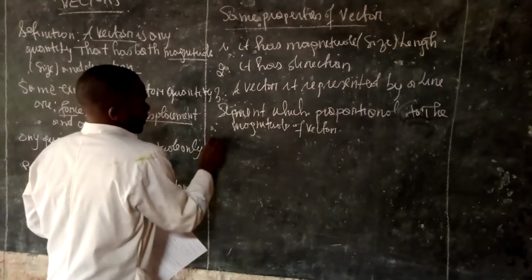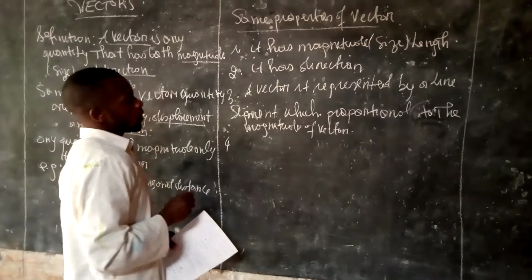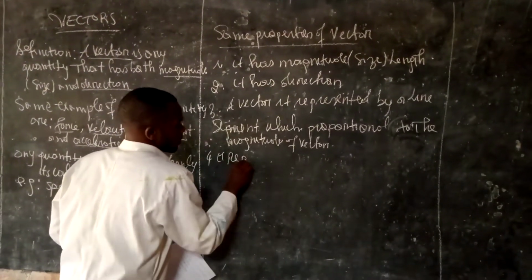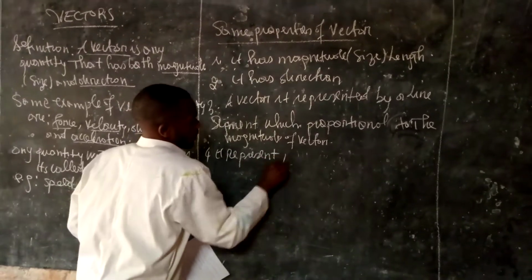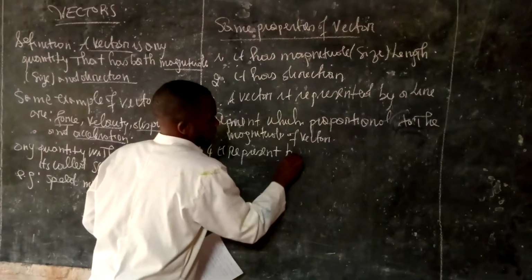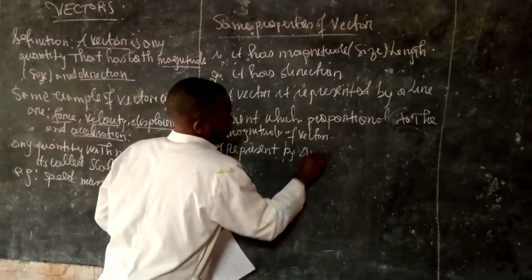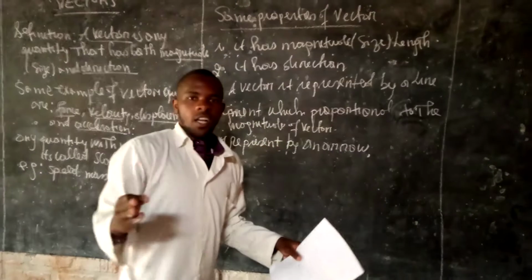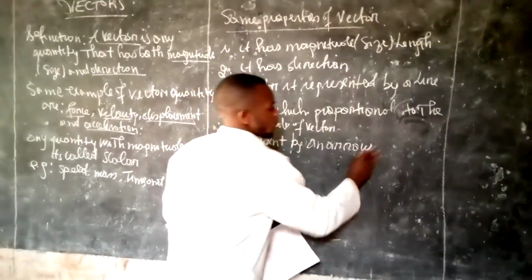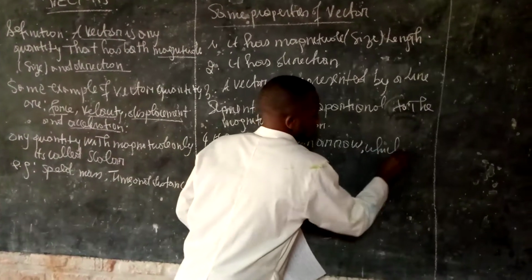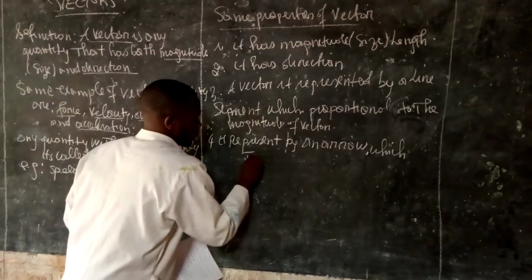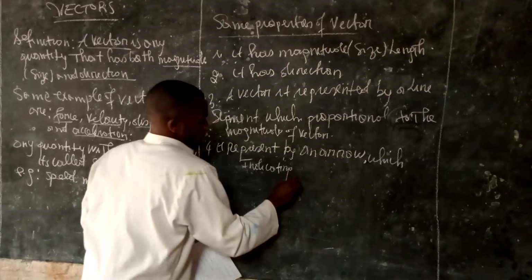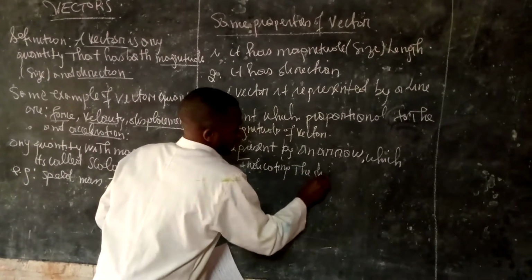So now, another property of vector: it is represented by an arrow, where the arrow indicates the direction.